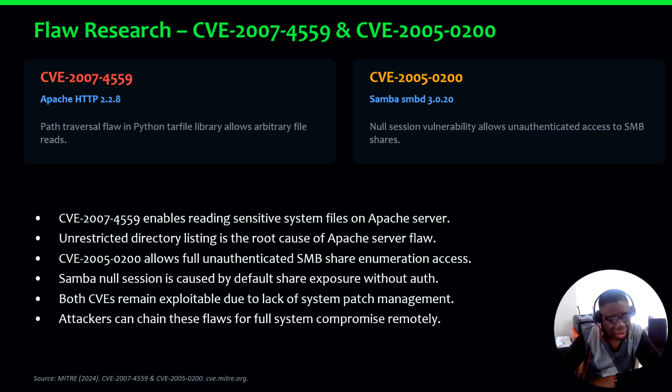The CVE-2007-4559 enables reading sensitive system files on the Apache server. Unrestricted directory listing is the root cause of the Apache server flaw. The CVE-2005-0200 allows full unauthenticated SMB share enumeration access.